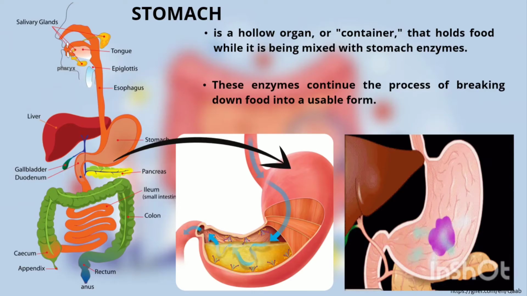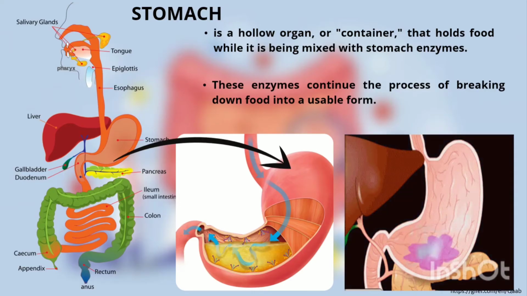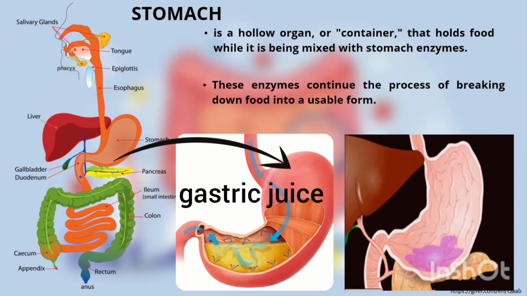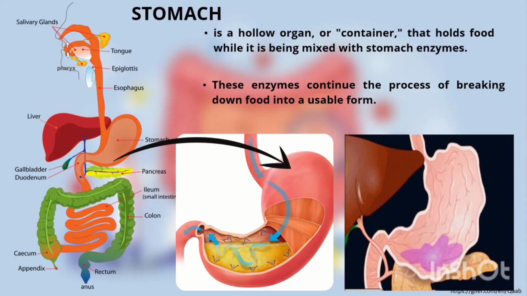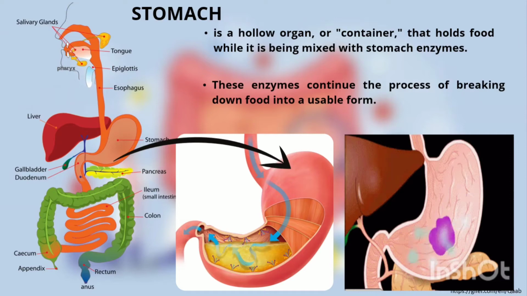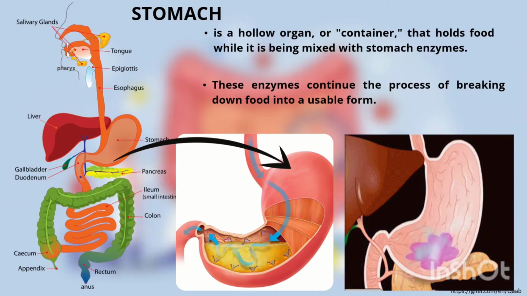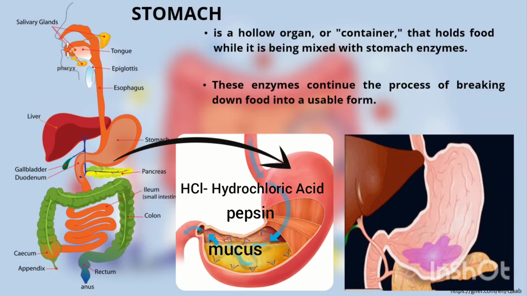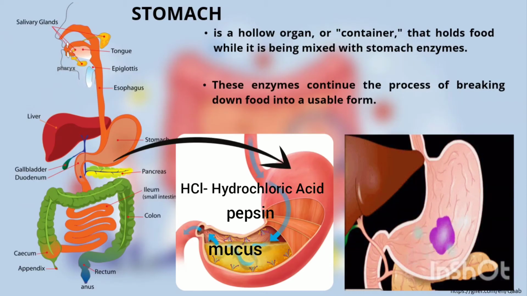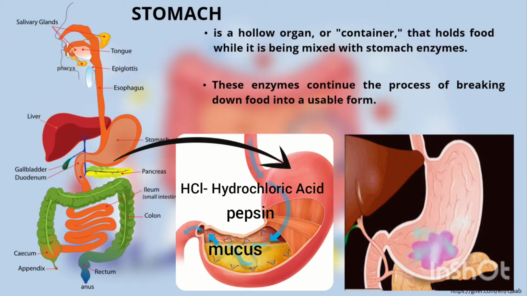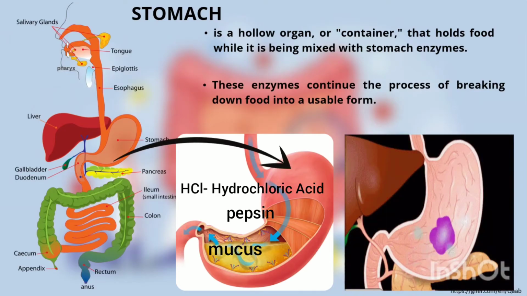Food, once in the stomach, is further digested and acted upon by gastric juice. This is secreted by glands in the walls of the stomach. Gastric juice contains substances like hydrochloric acid and the enzymes pepsin and mucus. Due to presence of hydrochloric acid, the enzyme pepsin acts on the proteins and breaks them down into simpler molecules.